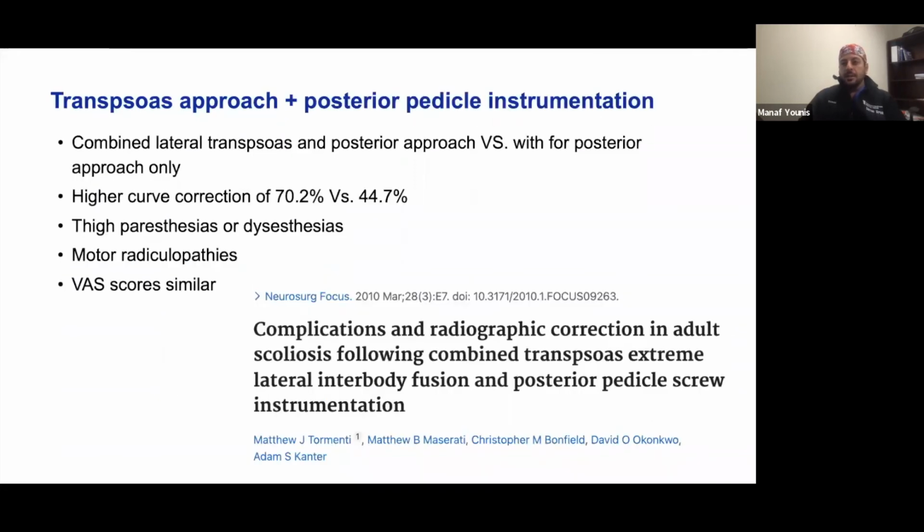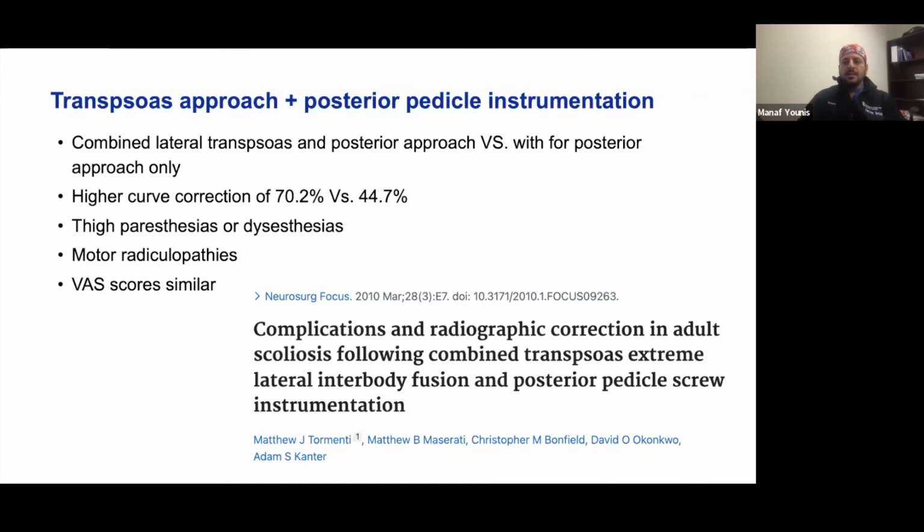However, the lateral approach has its own potential complications, as I said, mostly related to the manipulation of the lumbar plexus. Tormenti et al. cited a high curve correction of 70% in patients who underwent a combined lateral transpsoas and posterior approach compared with 44% with patients who underwent posterior approach only.